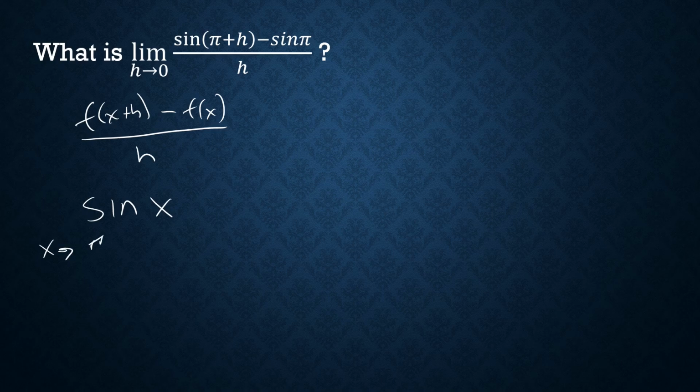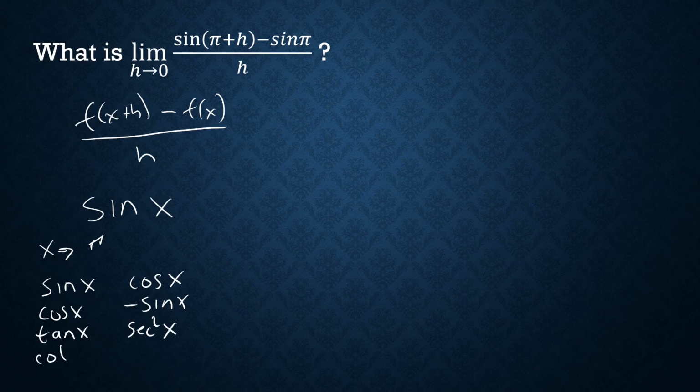Now there's a list of derivatives that you need to basically memorize. So derivative of sine of x is cosine x. Derivative of cosine x is negative sine x. Derivative of tangent x is secant squared x. Derivative of cotangent x is negative cosecant squared x.